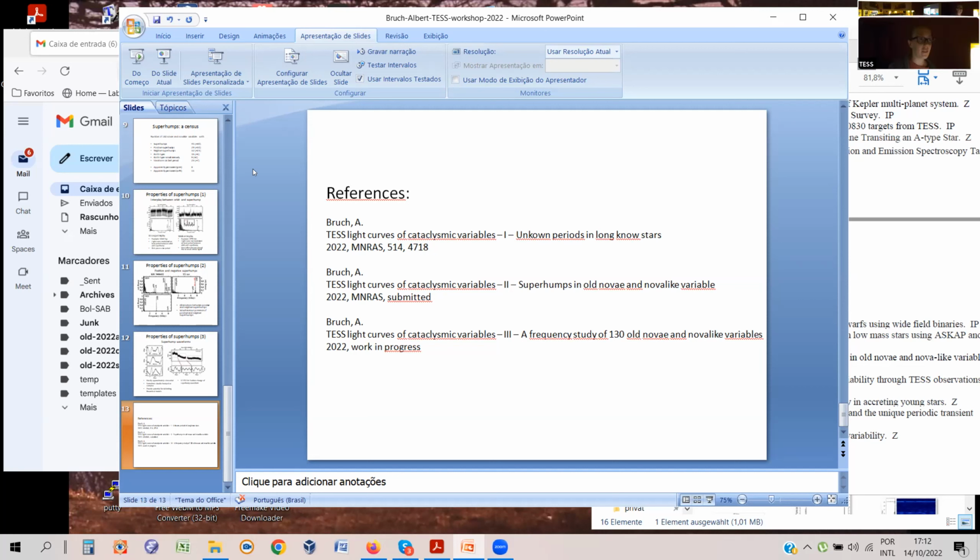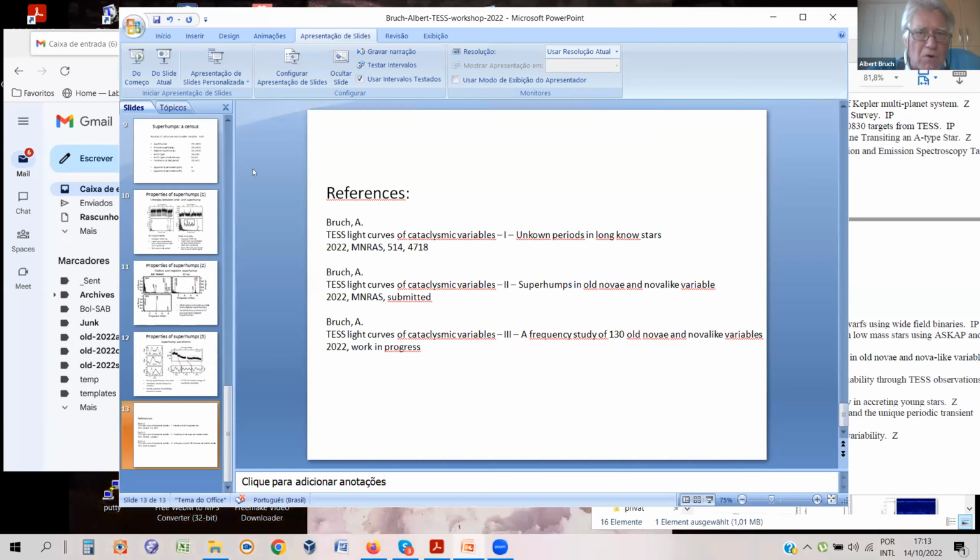It is quite a lot of work. I mentioned that I am studying currently 130 different systems, and I think it takes me about a day or more just to investigate one of these, checking the literature about it, and so on.